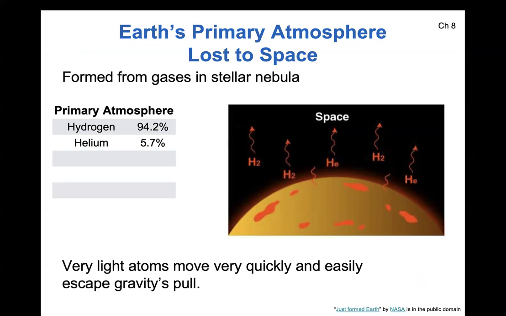It is just too easy to energize, and too easy for those energetic, very light particles to pick up enough speed to just escape into space. In the same way that we launch a rocket and it achieves escape velocity, which is fast enough to leave the gravitational pull of Earth and go off into the solar system or whatever destination.